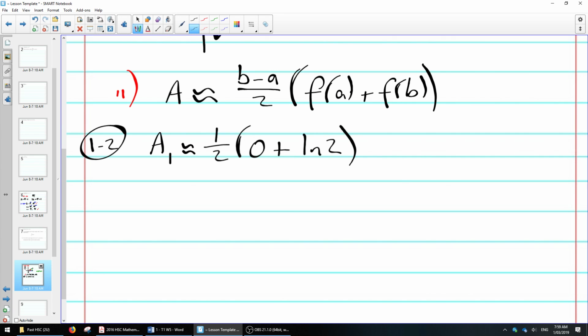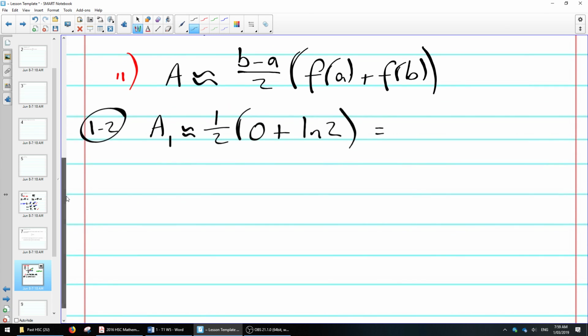So the first area, that first trapezium, is going to be ln 2 over 2, because it's half, and 0 plus ln 2 is just ln 2.